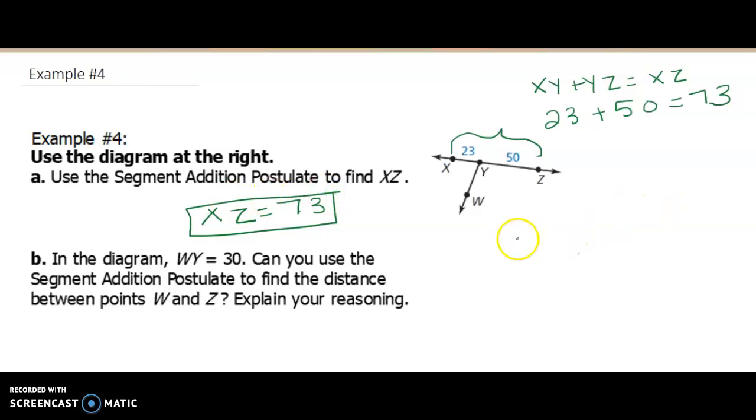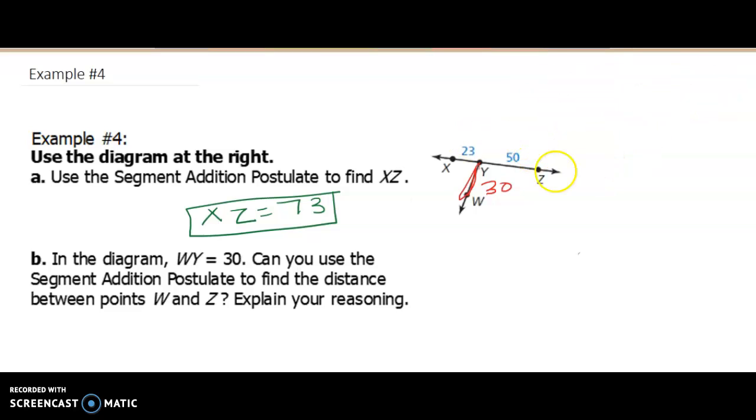All right, now it's saying WY is 30. Let's go ahead and erase what we did before because this is a whole different scenario. So WY is 30. Can we use the segment addition postulate to find the distance between W and Z? When I say the distance, it's the straight distance.